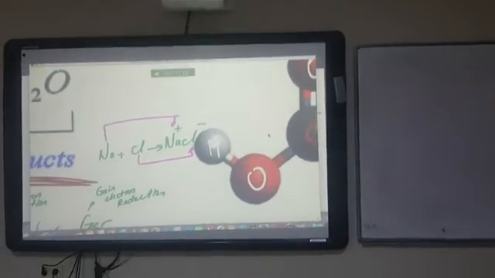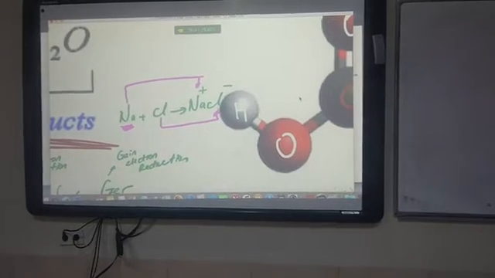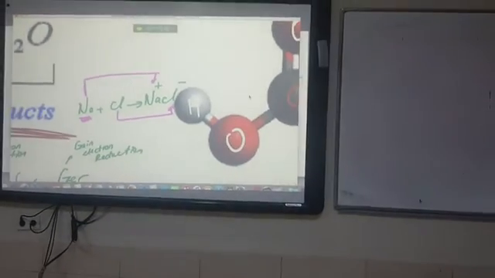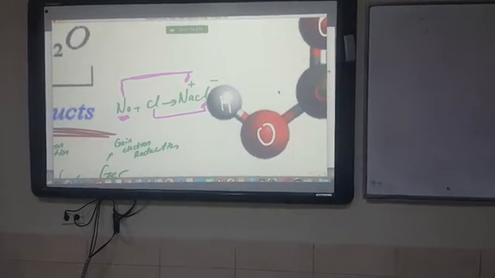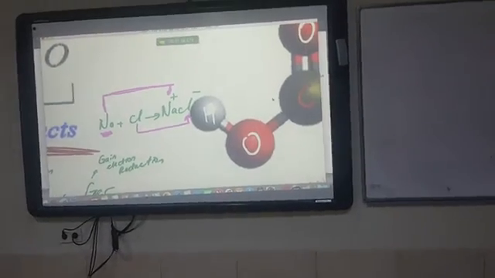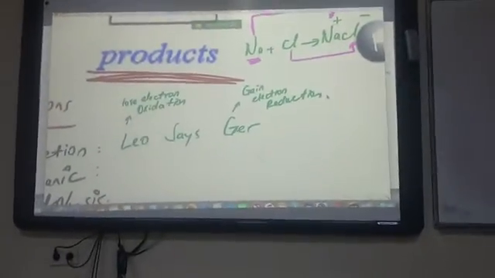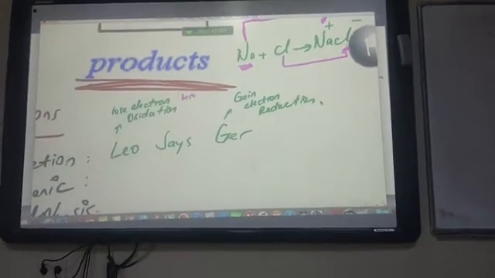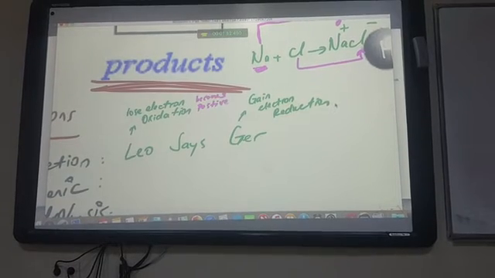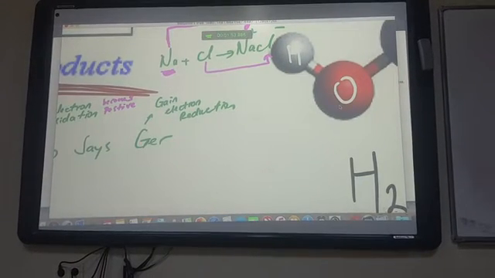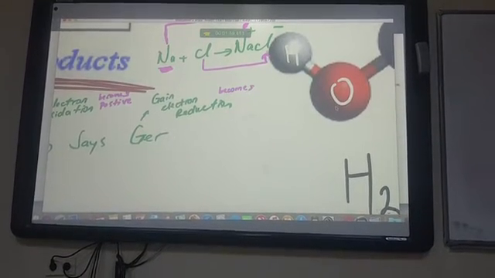From this sodium and chlorine, is sodium oxidized or reduced, and is chlorine oxidized or reduced? Sodium loses an electron, which is oxidation, and it becomes positive, because an electron is negative. Gaining an electron is reduction, and it becomes negative.